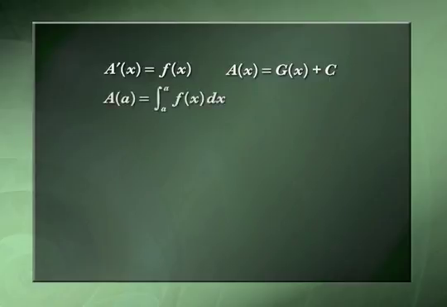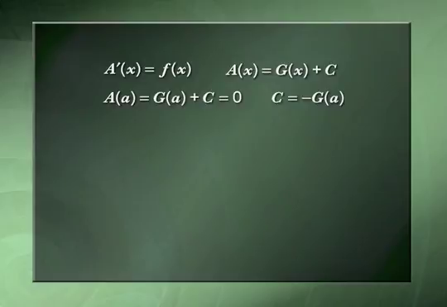What's the area from A, starting at A, to A? 0. So that means that big A of little a equals g of a plus the constant, and that has to equal 0. That tells me that my constant is minus g of a.